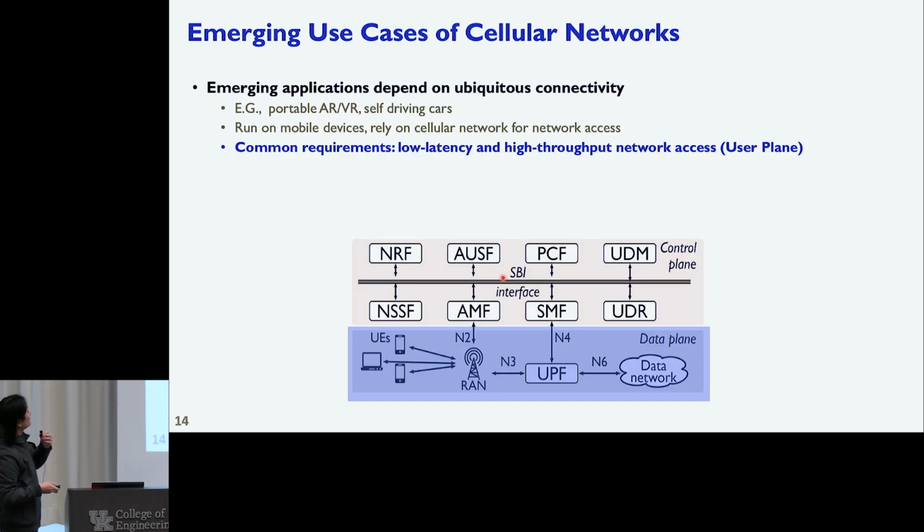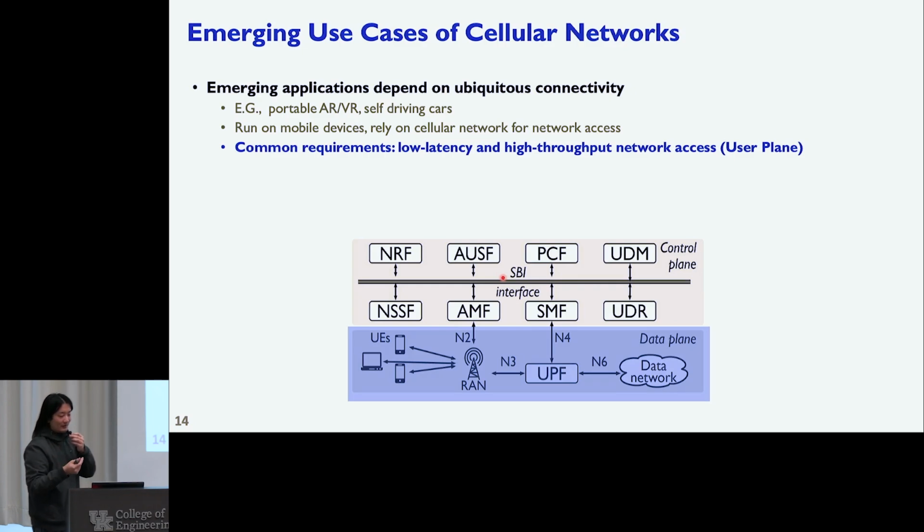So I just talked about the evolution of the cellular core networks, but there are different aspects I want to touch, especially the evolution in other aspects. And the next one is the emerging use cases in the cellular networks. Especially all of these emerging applications, they depend on the ubiquitous connectivity that can be provided by our wireless cellular networks.